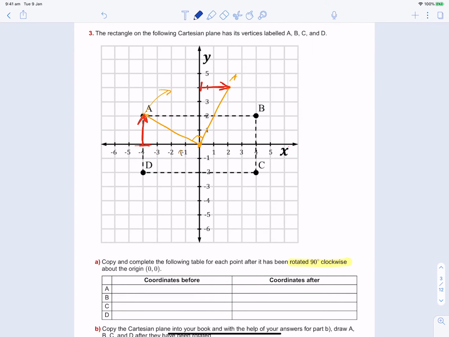Here, point A is 2 from the y-axis, and now my new point is 2 from the x-axis.